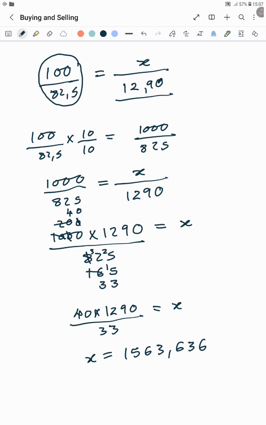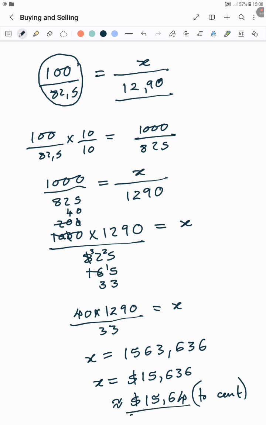So if we are to change this to dollars, we divide by 100, which gives us $15.636, which is equal to $15.64 to the nearest cent.